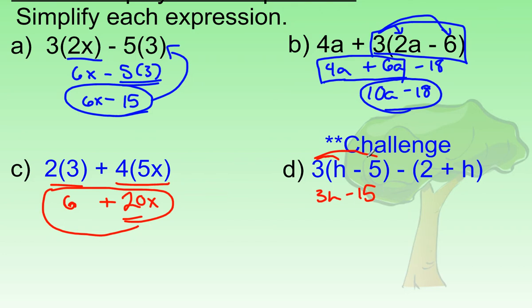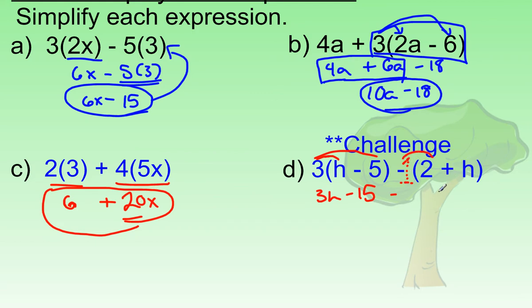This part is easy. It's this area over here that I would expect some problems to have happened. You might have just said, oh, minus 2 plus h, and just dropped the parentheses. But that's where the mistakes happen. That is wrong. What this actually says is, up here is a little invisible 1. This says negative 1 times this stuff.